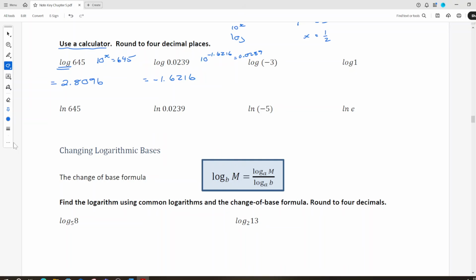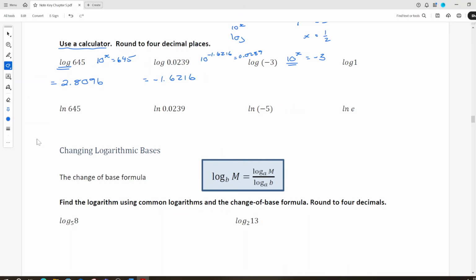Okay, let's try the next one. What about log of negative 3? Log of negative 3. My calculator says error. What does your calculator say? Hopefully error. 10 to what exponent would give me negative 3? Well, I have a positive base. A positive base raised to any exponent is going to come out positive.